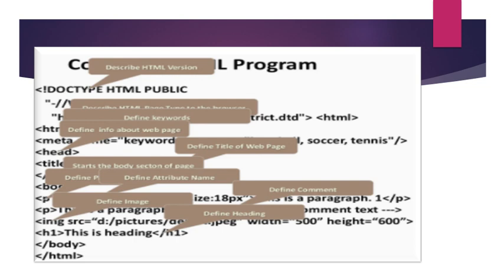Now this is the whole program about HTML. This one describes the HTML version, and then here also we have the head section. You have the meta tag, followed by the head, and the title, which you open and close.